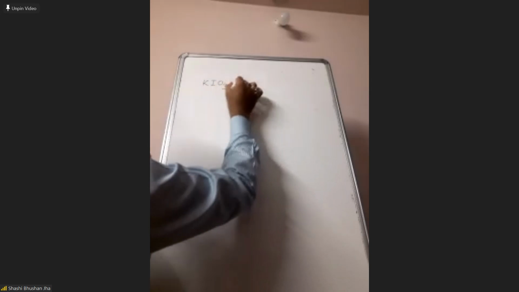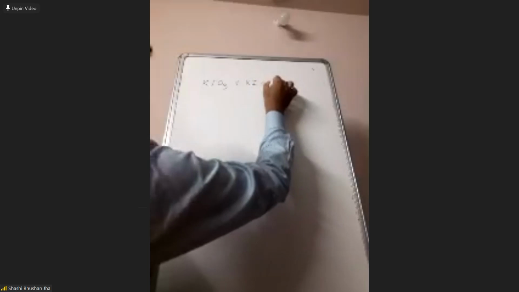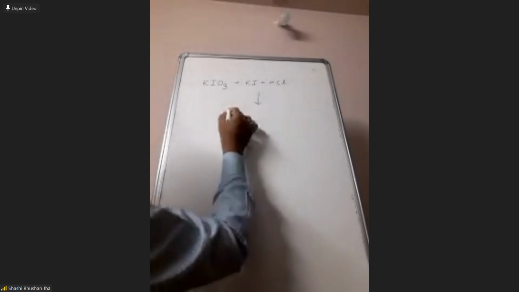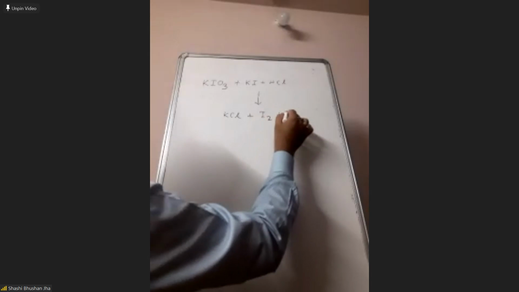So here potassium iodate is reacted with excess of potassium iodide in the presence of hydrochloric acid. Now this reaction is known to you, the reaction of iodate with iodide. It will give potassium chloride, iodine and water.